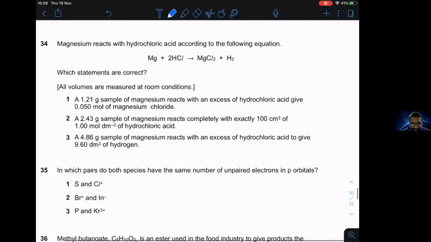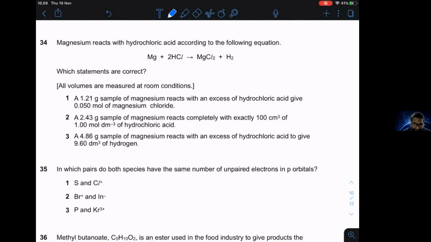Now, magnesium reacts with hydrochloric acid. The equation is given, all the details are given. Here, a 1.21 g sample reacts with excess acid to give a certain number of moles of magnesium chloride.